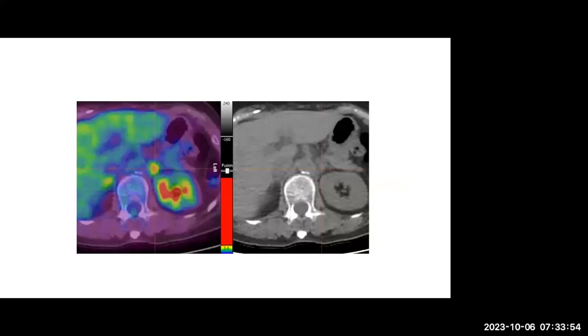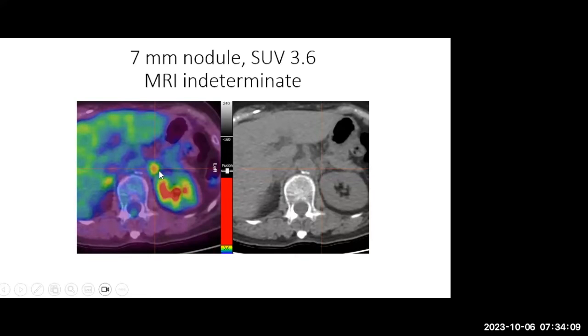I want to show you a case here of one adrenal nodule that was seen in a patient with lung cancer. And it did show uptake. In these cases, if it is indeterminate, and this is what happened, it's a 7-millimeter nodule, SUV 3.6, MRI was indeterminate as well, because typically what we would do is recommend an MRI in a patient that shows uptake like this on an adrenal lesion.